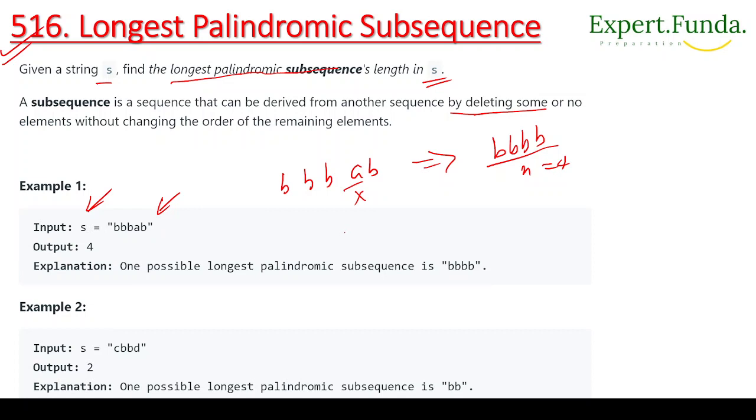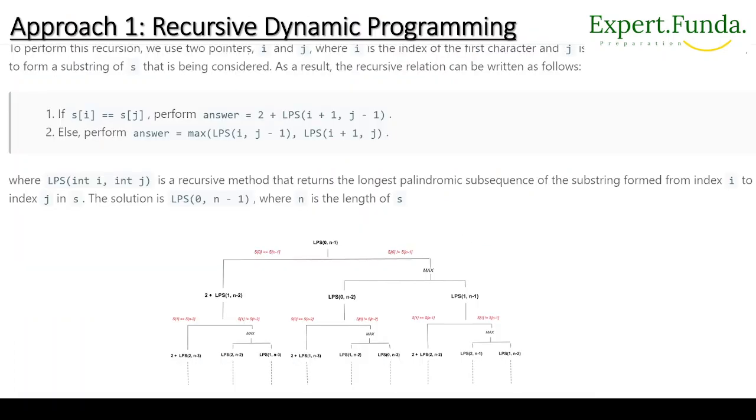In this recursive dynamic approach, we will try to generate all the subsequences of the given string S, and then find the longest palindromic subsequence among all the generated ones. That means we find all the subsequences, check each of them, and then we can find the longest palindromic string.